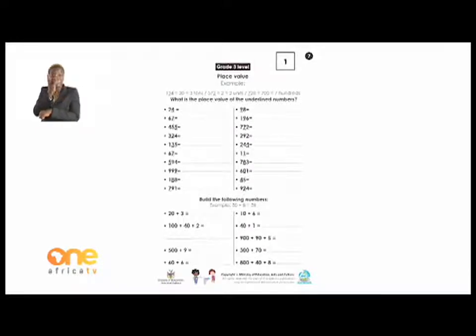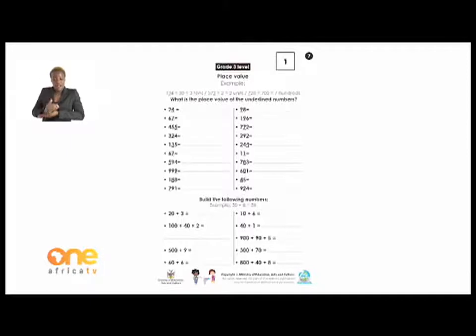The 7 is underlined. What place value is that? It's the units, so you write units there. I would like you to complete the rest of the activities by writing the correct place values next to each number. Down below, we have to build the numbers.